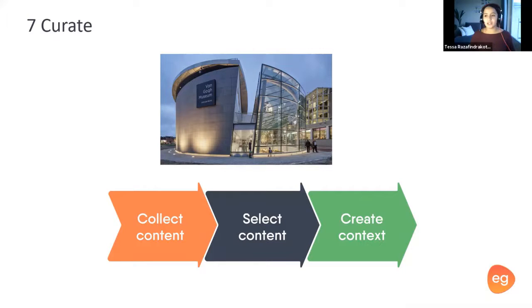After you've identified the goal, collect the content that is available that relates to that goal, then select the content that is most relevant or most essential for your learners to reach that goal, and then add the context that your learners need to understand the content given the goal.